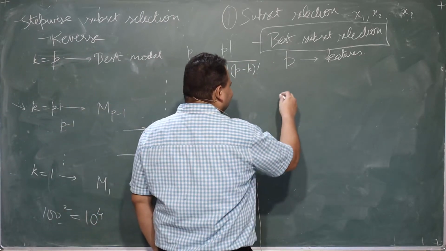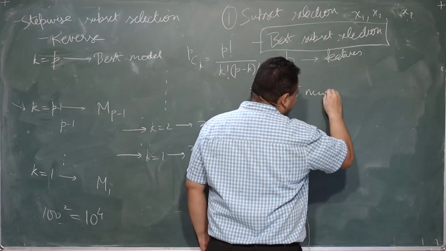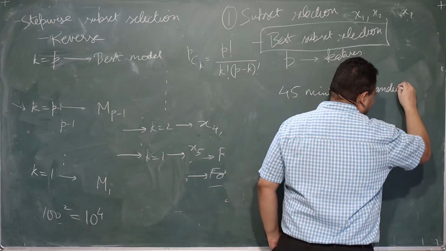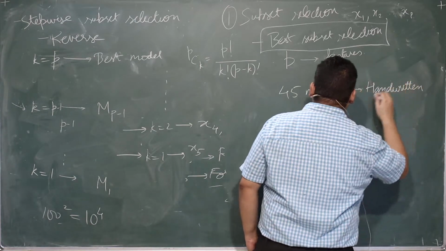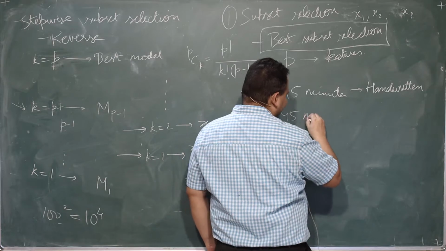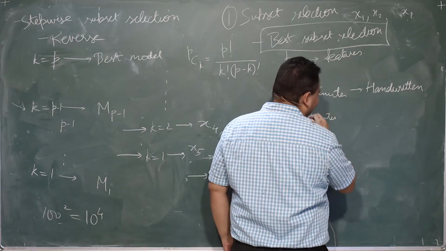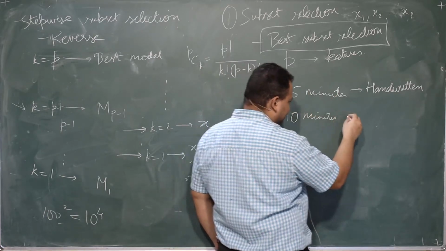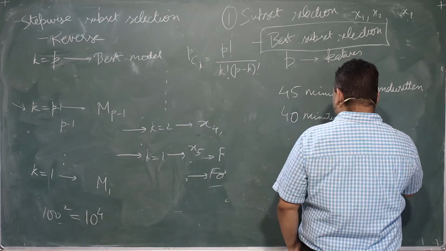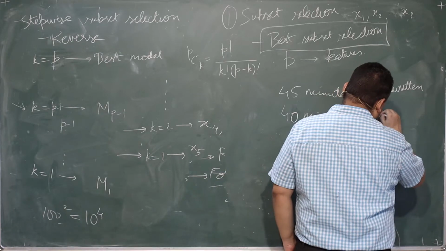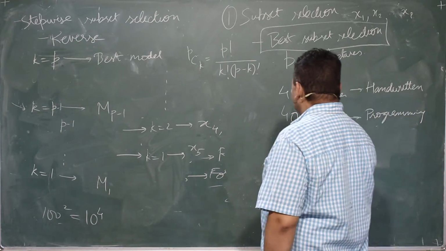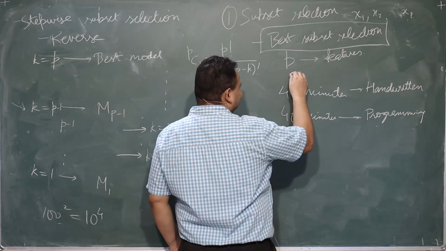ठीक है, so 45 minutes handwritten and 45 minutes or maybe 40 minutes. Okay, I'll give you a 5-minute break in between and 40 minutes for the programming part. ठीक है, so at 8, what is the date?